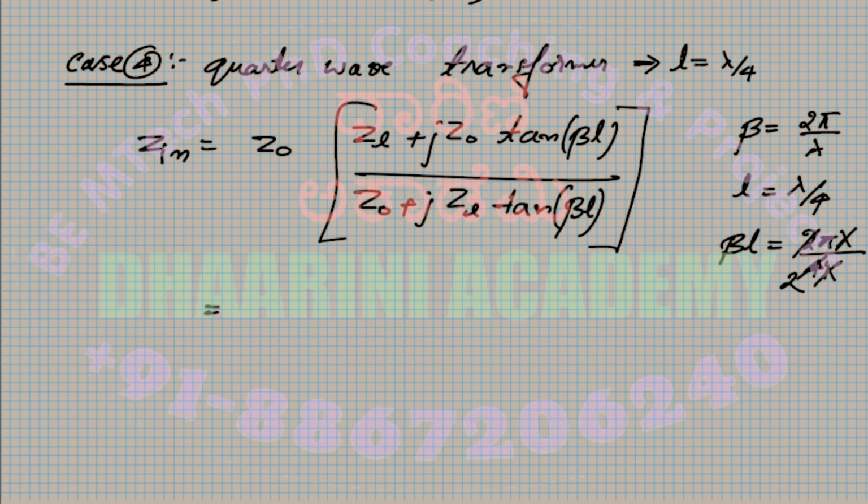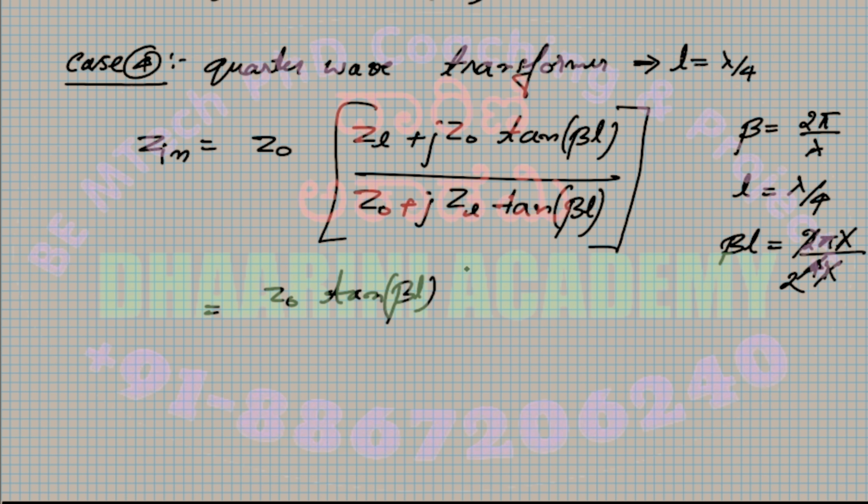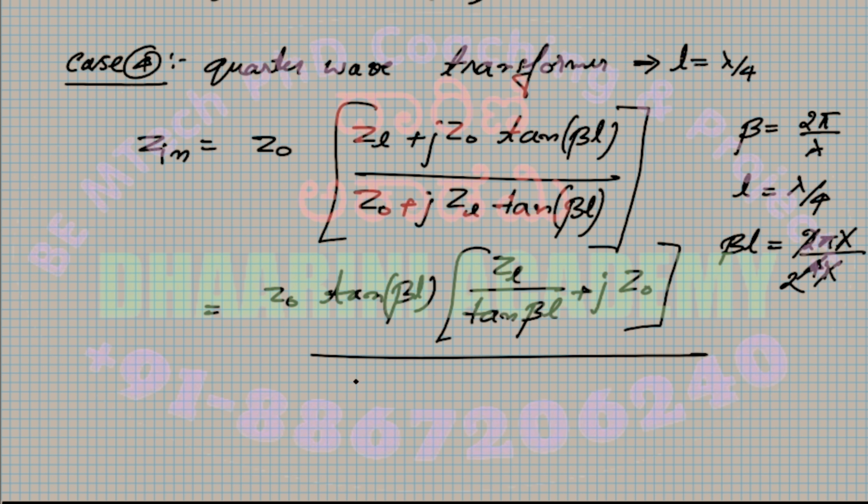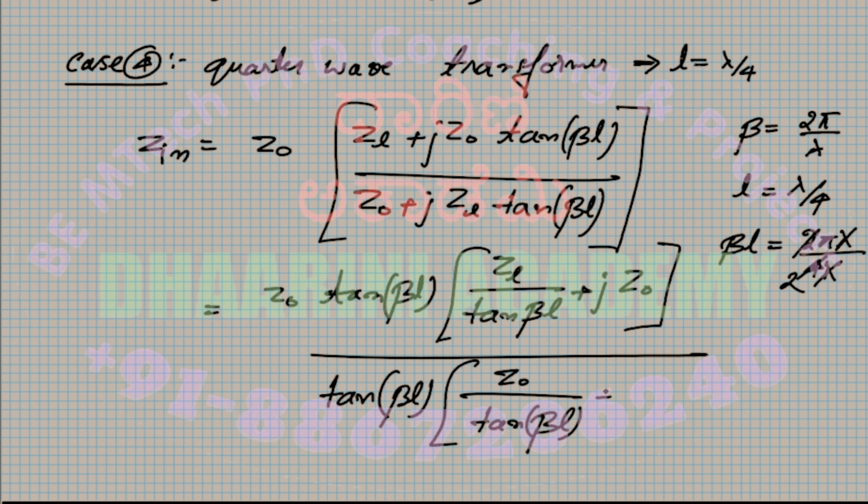So once again, that means I cannot put that value here. You need to take tan beta L outside. So from Z naught, take tan beta L outside: this is ZL divided by tan beta L plus j times Z naught in the numerator, divided by, once again, tan beta L taken out from the denominator: Z naught divided by tan beta L plus j times ZL.